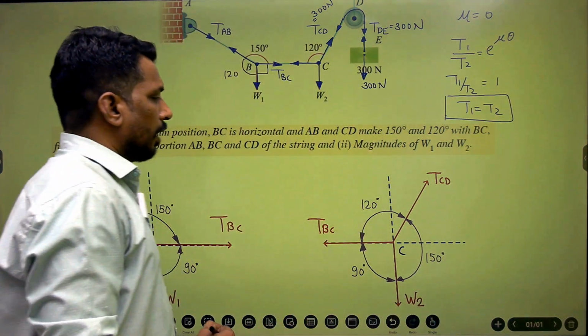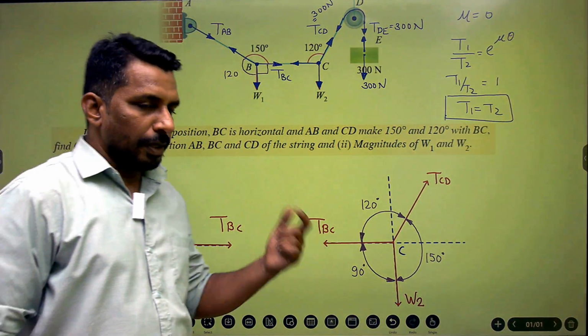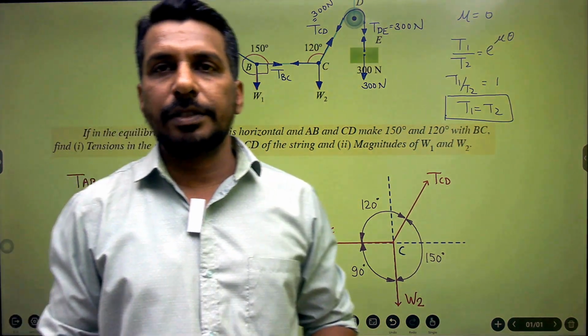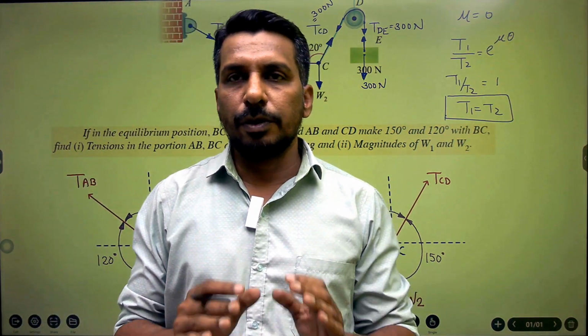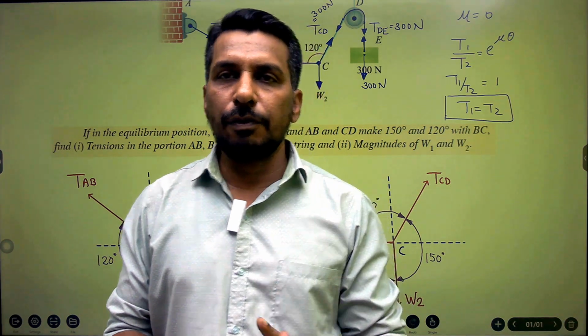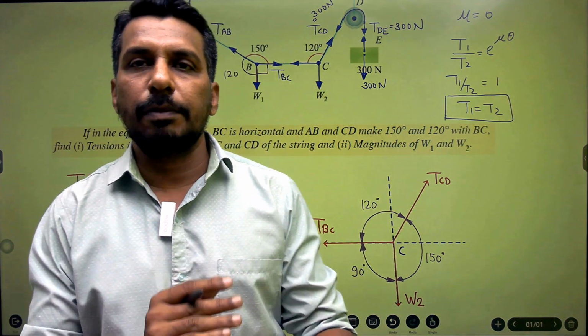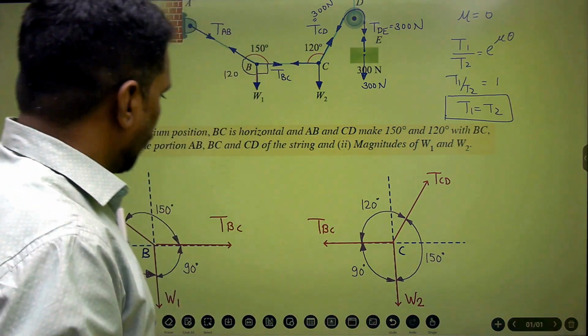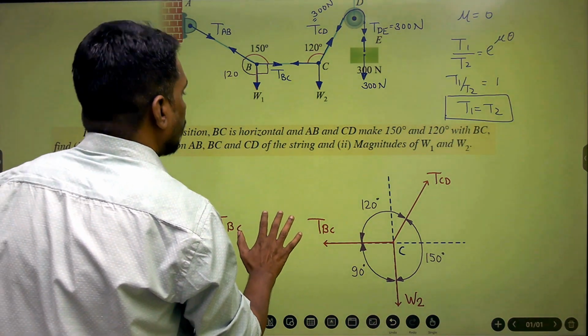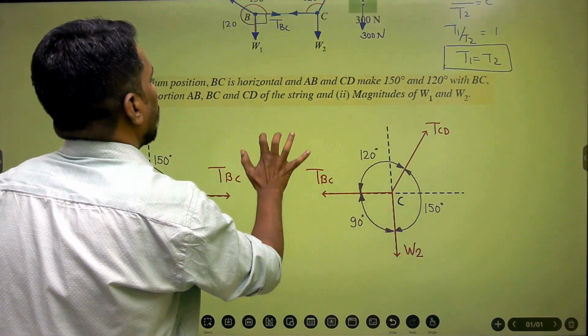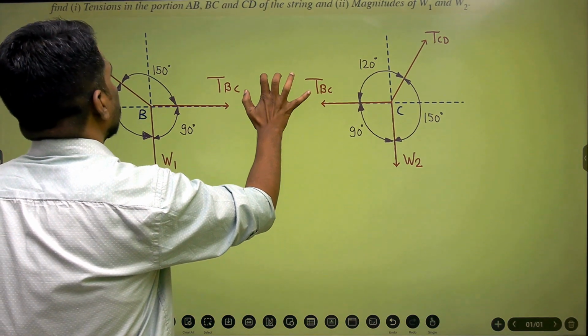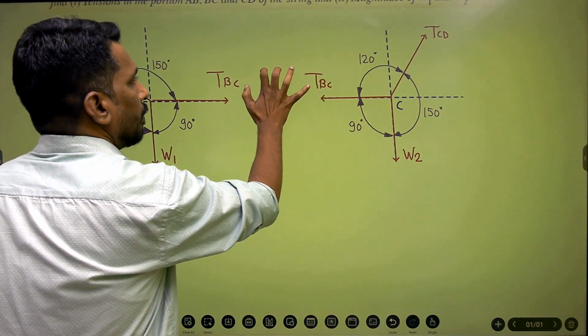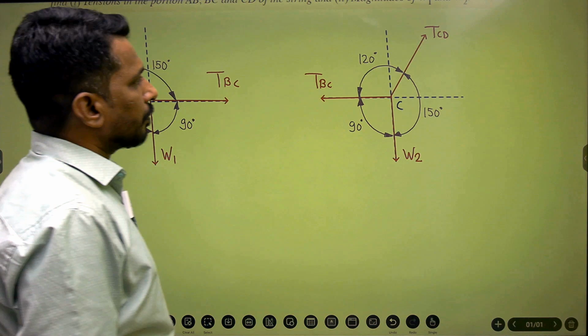So these are the FBDs for points B and C, as we have considered points B and C for the further solution, because only these 2 points have three forces passing through them. So you can easily apply Lami's theorem. So now we'll go further and apply Lami's theorem. Now with which point can you start?